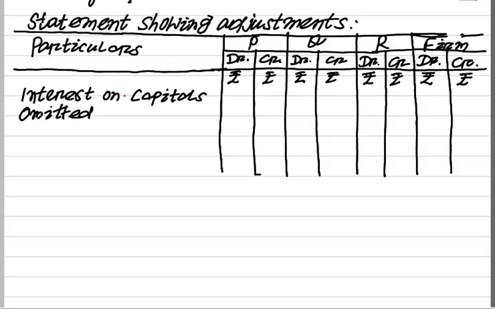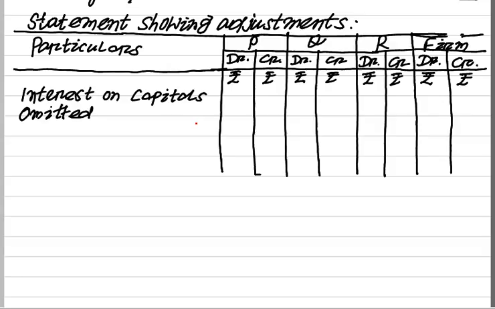You read the question, it is the fourth last line. 10% per annum, and it has been left out of consideration.